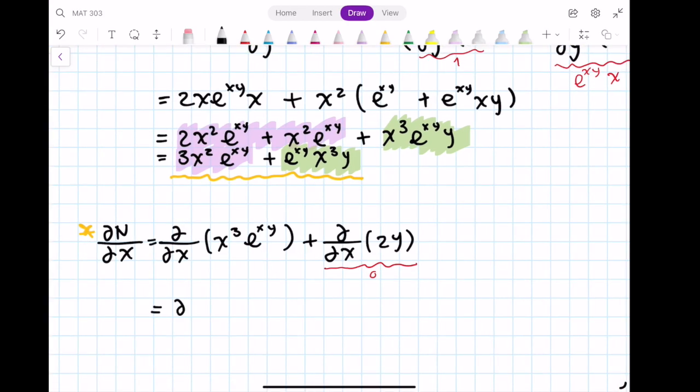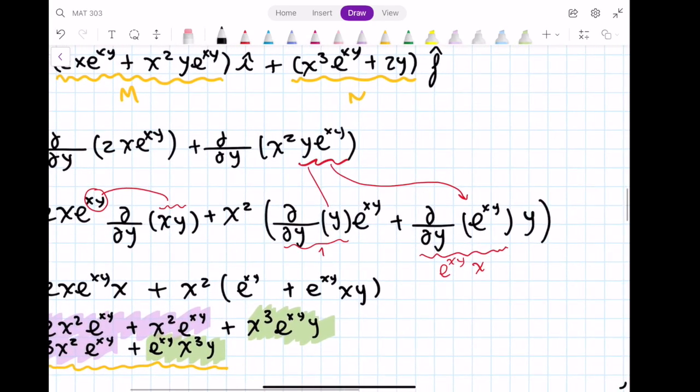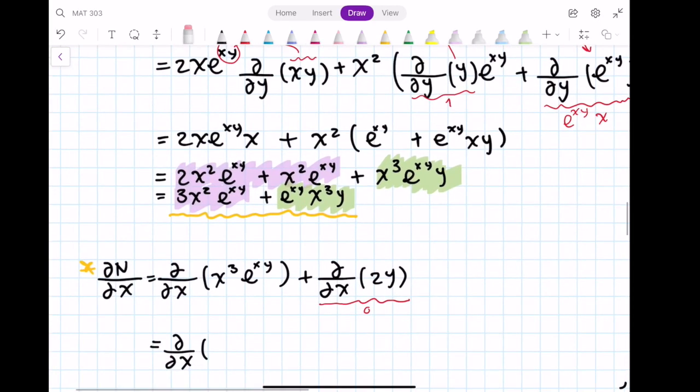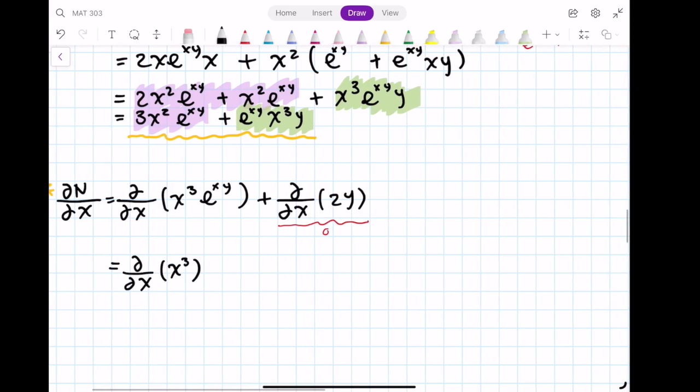So the partial with respect of x, we can just do the distribution as we did before here. Here in this part, right? We can just distribute and will be x cubed, and our exponent is gonna be the same.